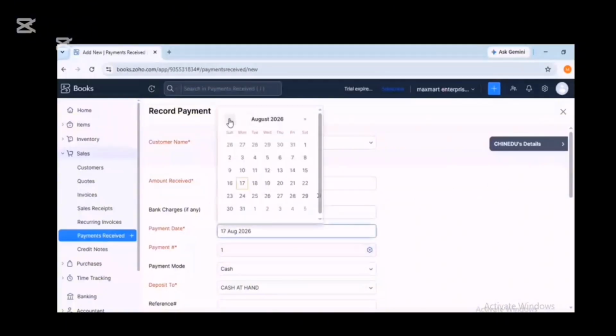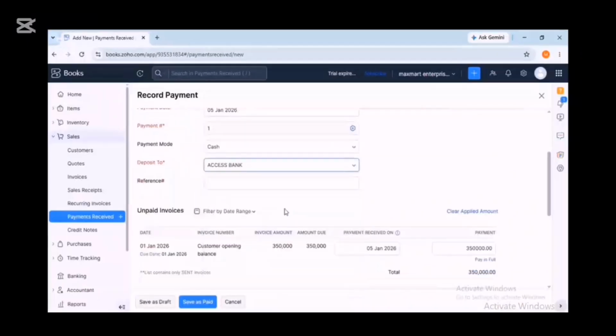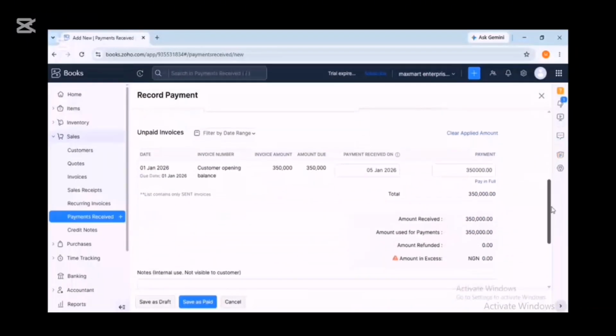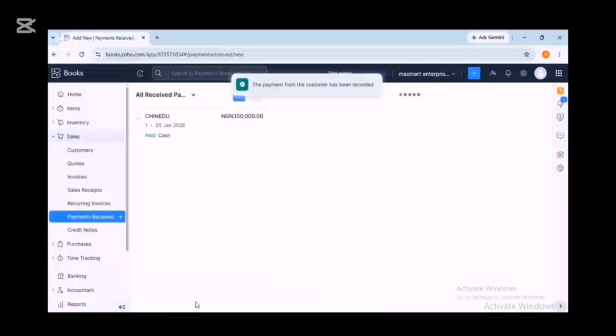Let's backdate because it's not today's transaction. That's January. Just for the sake of our training, 5th January 2026, the payment was made. Select yes. So he made it via bank, Access Bank. So let's save. That's right.